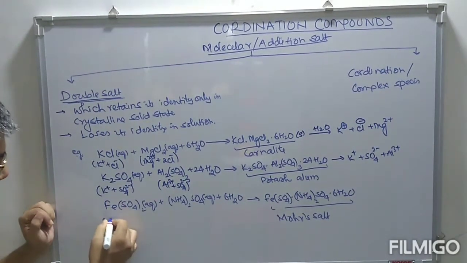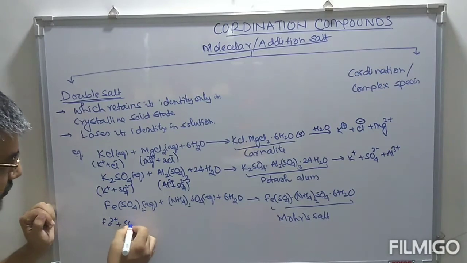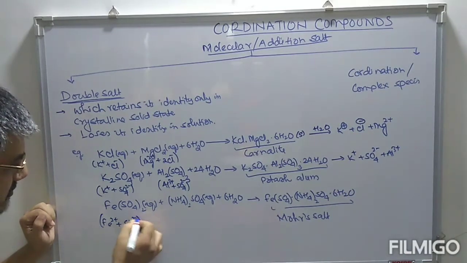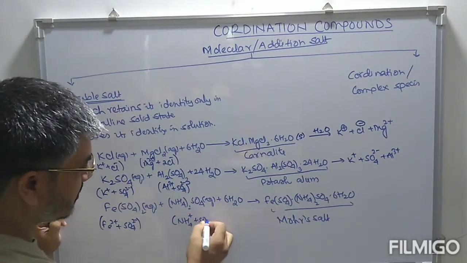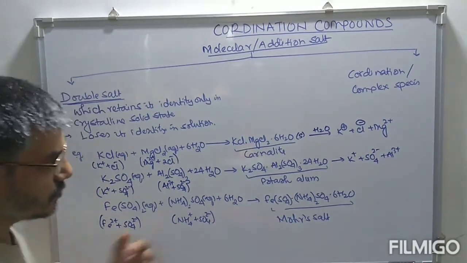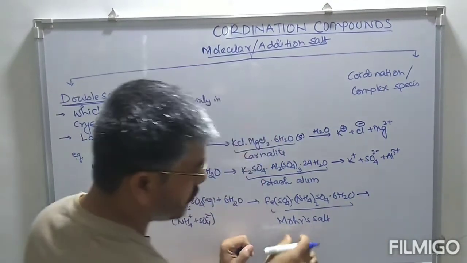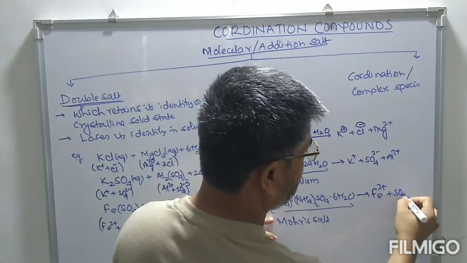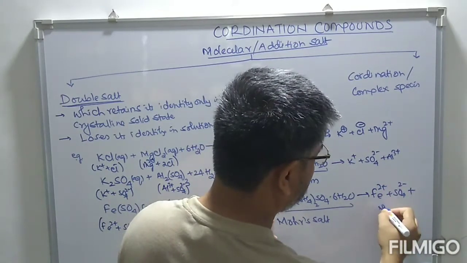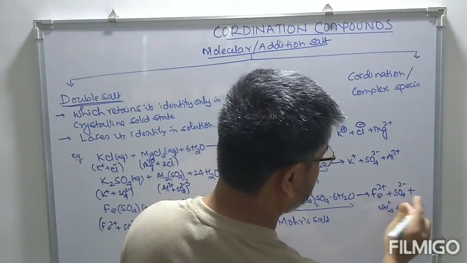Take this ferrous sulfate, we have ferrous ion, we have sulfate ion, ammonium sulfate, we have ammonium ion plus sulfate ion. When this Mohr's salt is dissolved in water, this gives you ferrous ion, sulfate ion, ammonium ion.